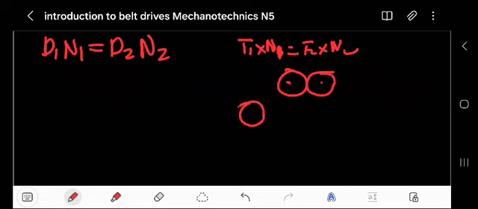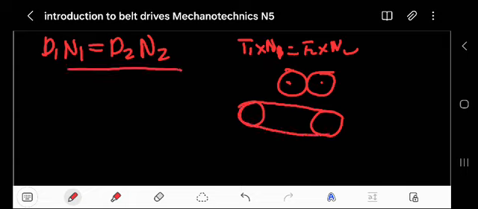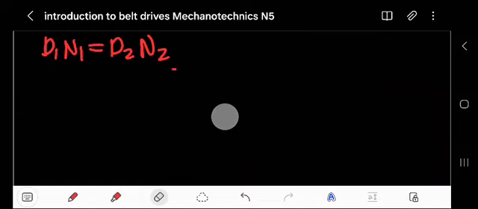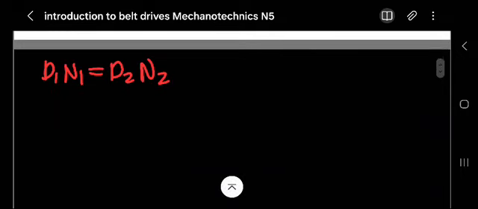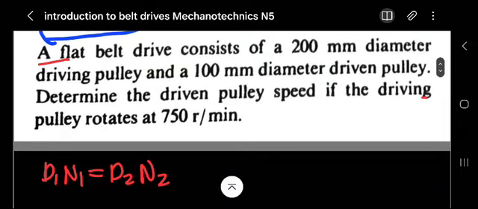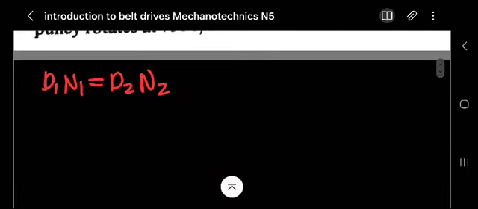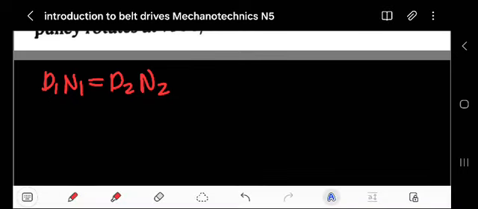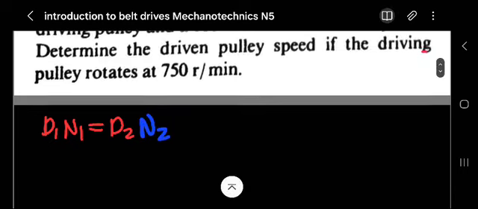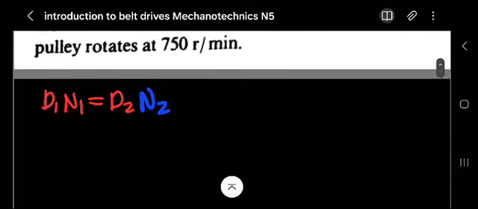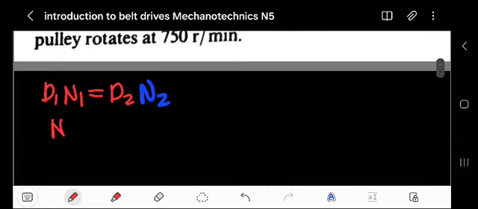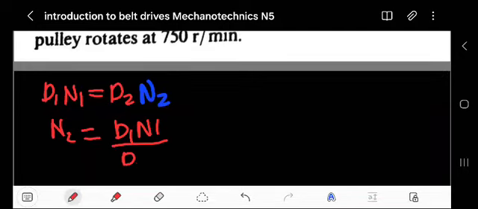But now we have been given pulleys, so we use this. If you are given the gears, you use the number of teeth. We want n2, the speed of the driven pulley, the one that is driven. Making n2 the subject, it will be d1 into n1 divided by d2.